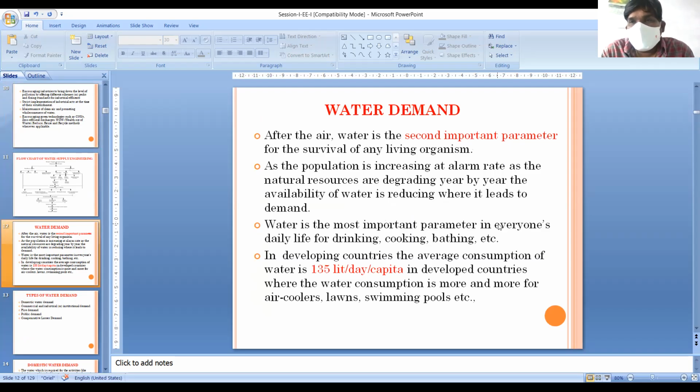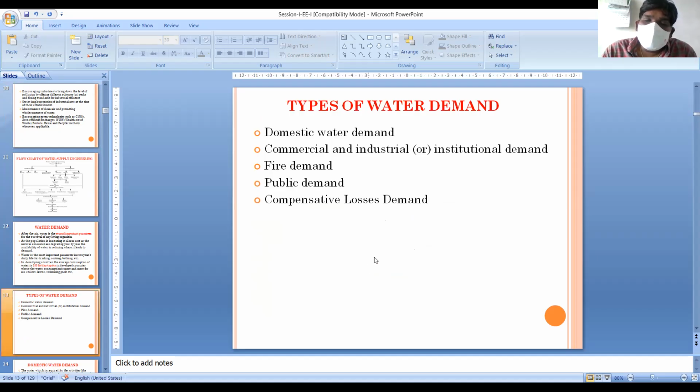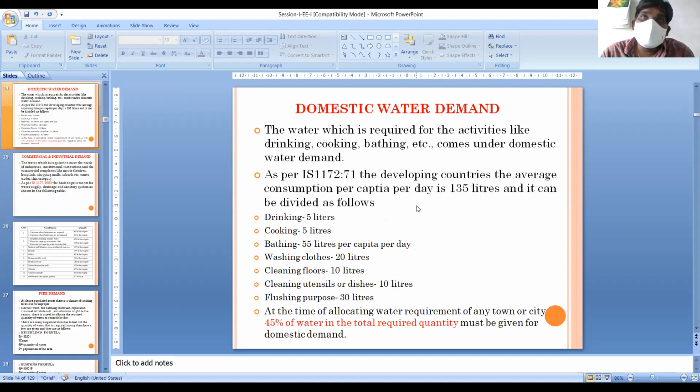Water is in demand, and for all the activities you have to have water, at least 135 liters per day per capita. We have also seen various types of water demand, and what quantity is required.